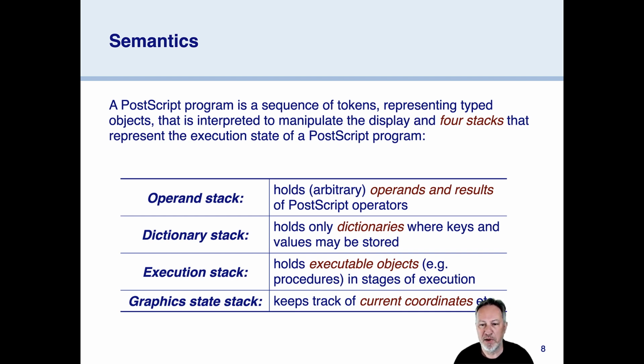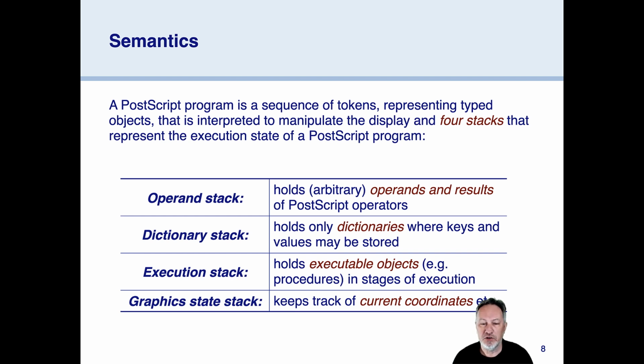One is the operand stack. The operand stack is where we push operands for operators, so they're pushed onto the stack, and when we execute an operation, that operation will pop values off the stack, produce the result, and push any results back onto the stack.